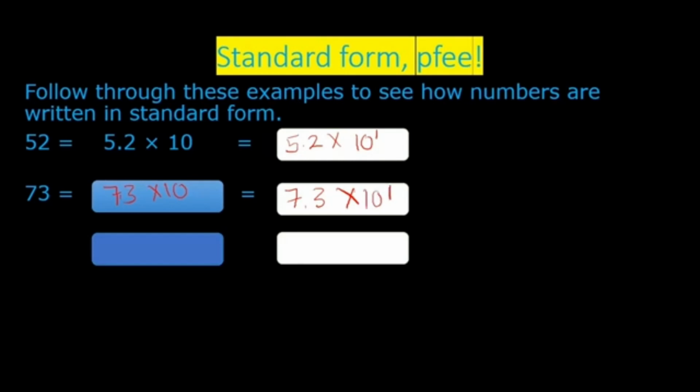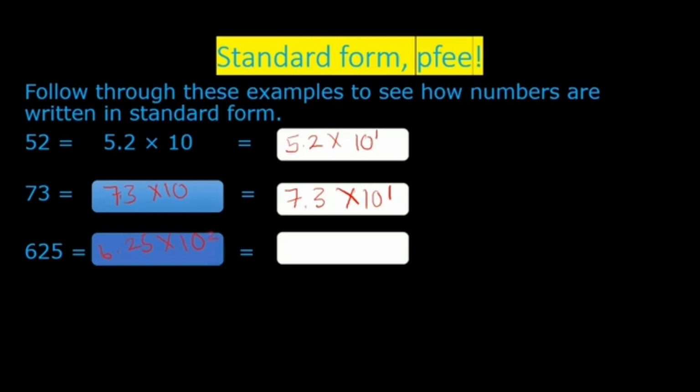Let's try another one. 625. Now this one is a bit different. You can see here that this number is in the hundreds form. So to convert it to decimal form, we can divide by 100 to get 6.25. So it will be 6.25 times 10 to the power 2, because we've divided by 100.